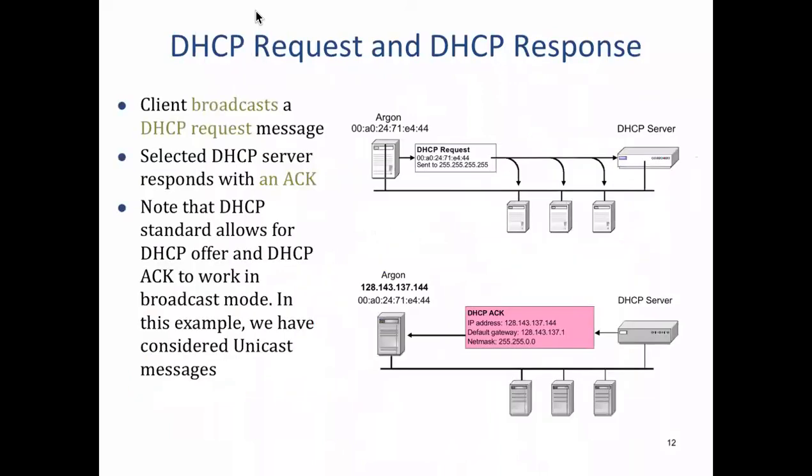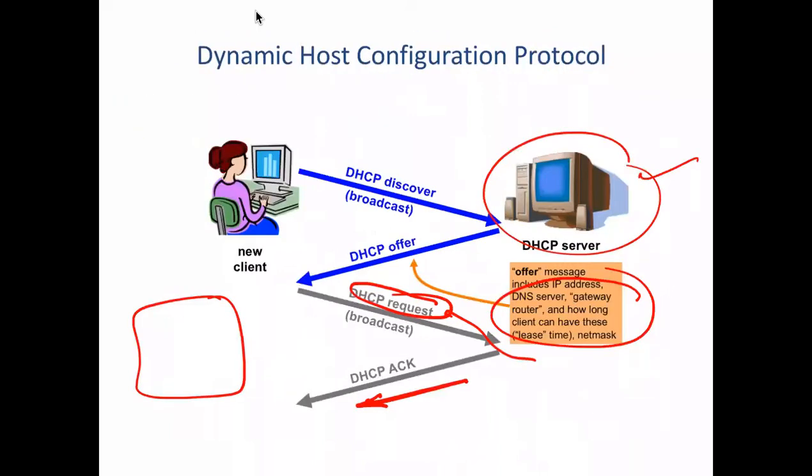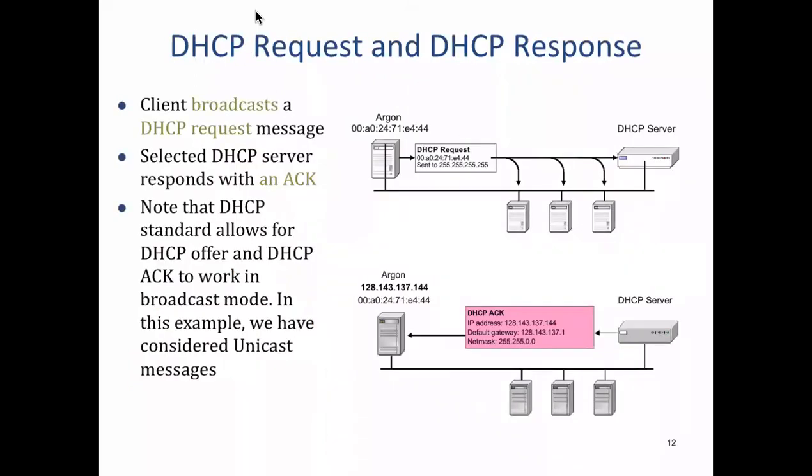Okay, so the next step is as follows, what we have seen just now is depicted here differently. This machine selects one of the offers that it has received and then broadcasts it on the LAN. So it goes to all.